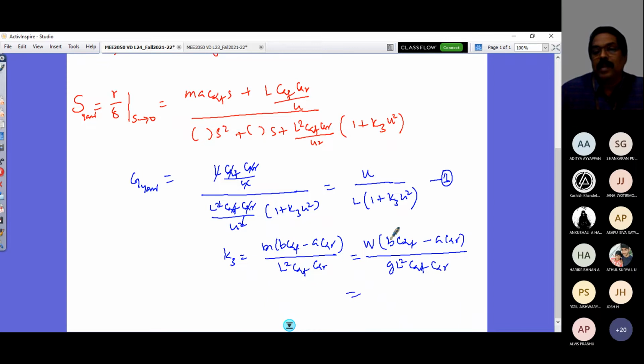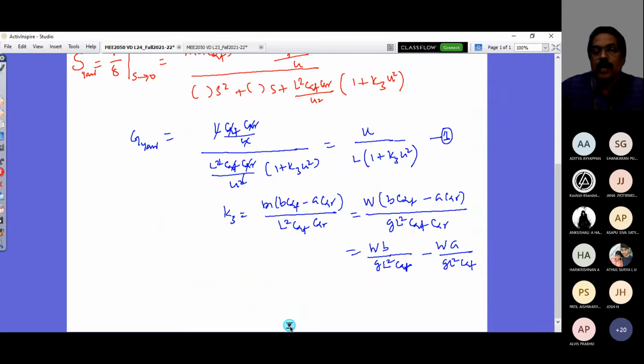So if I take this individual term, divide by that, what do I get? W B by G L square, and C alpha F goes off, so I will have here C alpha R remaining, minus W A by G L square into C alpha F, right?